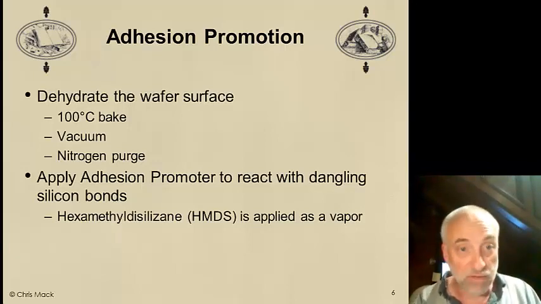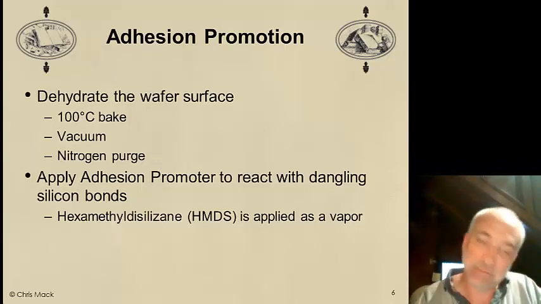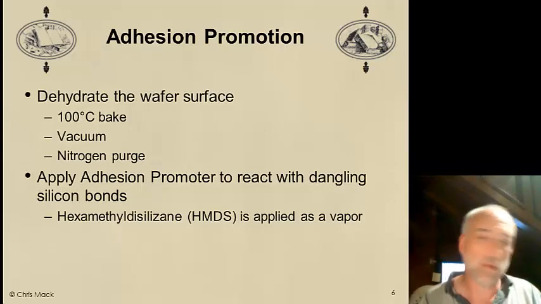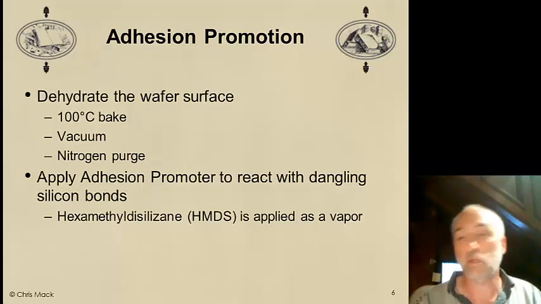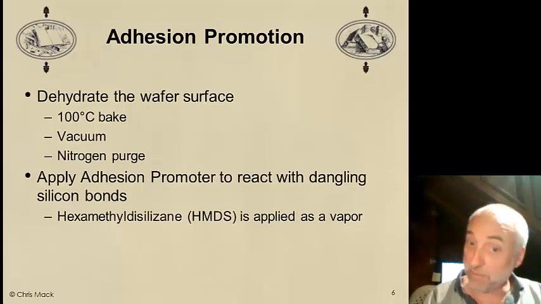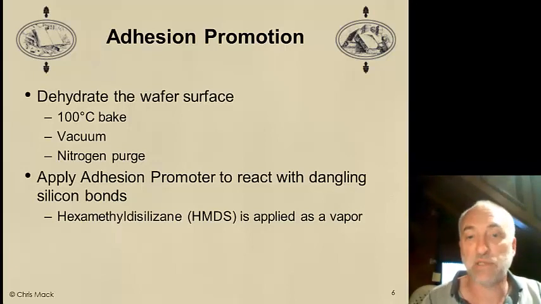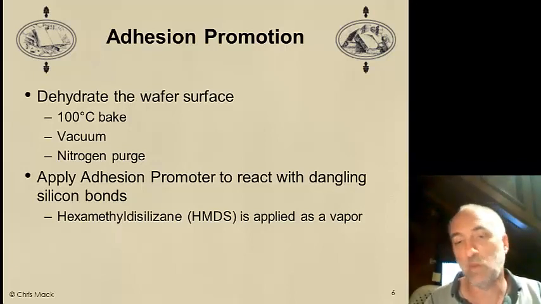It's applied as a vapor, usually at the same time we dehydrate. We dehydrate, and then before the wafer even cools down, we throw in some HMDS. It's a vapor at 100 degrees C, and it just coats the wafer with a monolayer of HMDS. Well, the difference is photoresist will adhere well to HMDS, even though it won't adhere well to water.